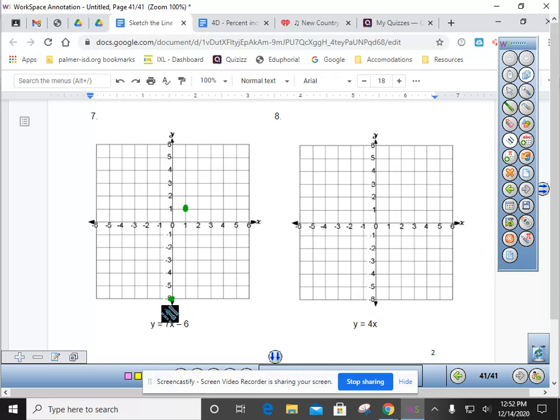Is that what everybody else's looks like? Yes. Except mine's wrong. Go ahead and do number 8. Okay. So I got 0 is the y-intercept. 1, 2, 3, 4, 1.